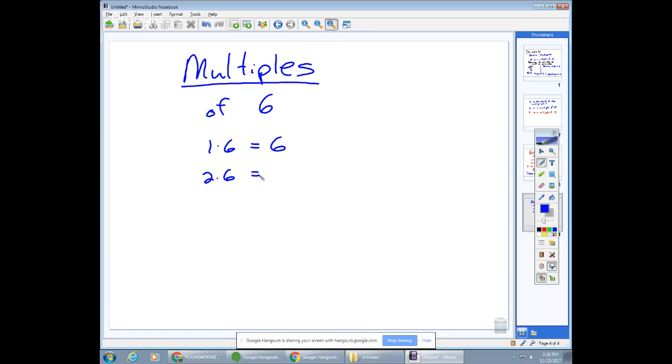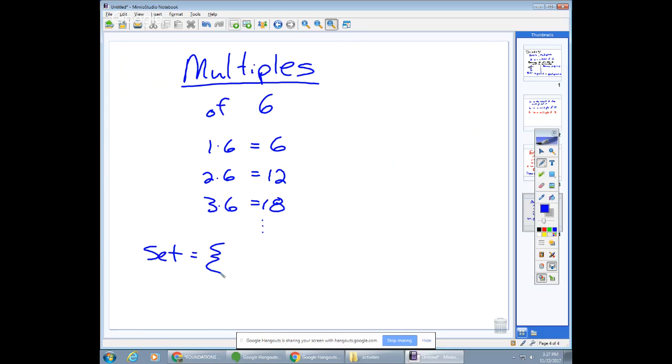2 times 6 is 12. 3 times 6 is 18. And this list just keeps going, because all day long we can make up new multiples by just multiplying something by 6. So if we look at this as a set, and if we're talking about whole numbers, now usually we talk about just counting numbers.